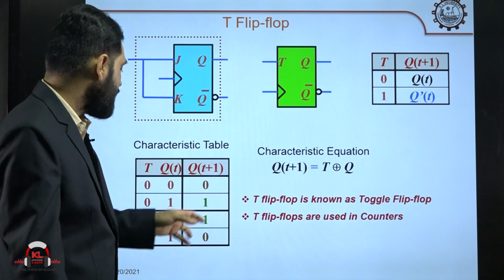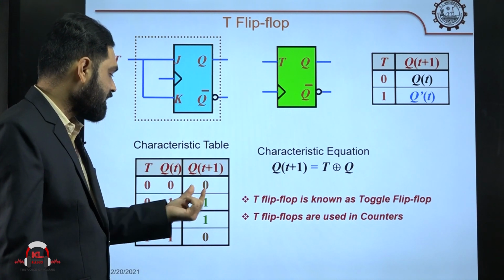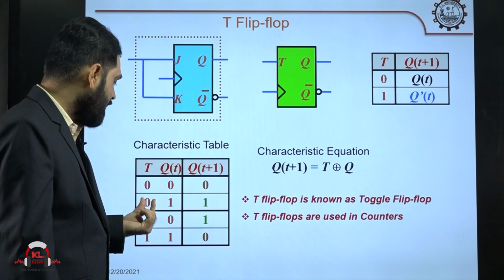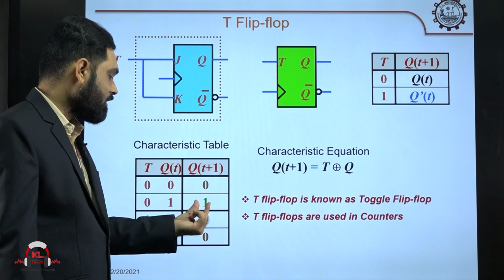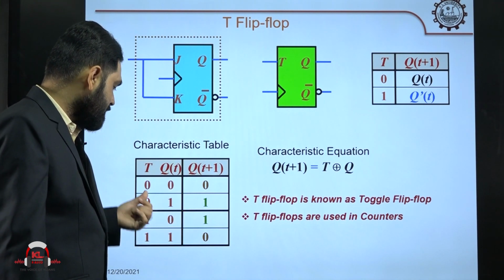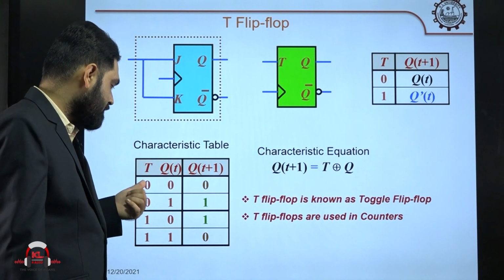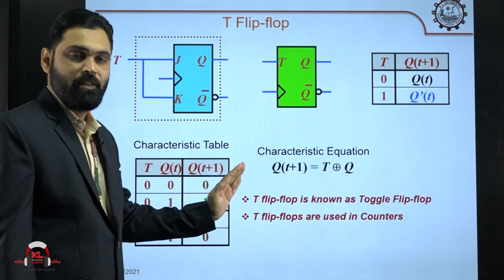According to this T flip flop, when input is 0 and present state is 0, the next value is also 0. If T value is 0 and the present output is 1, the next output will become 1. Whenever T is 0, it will produce the same value at the output, that means no change will be there.